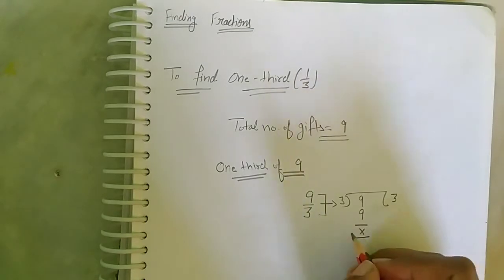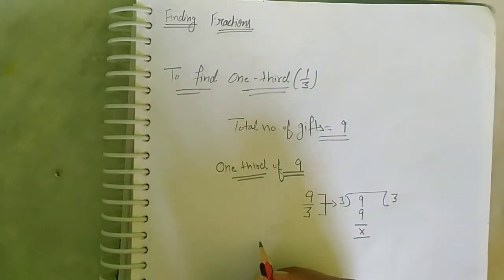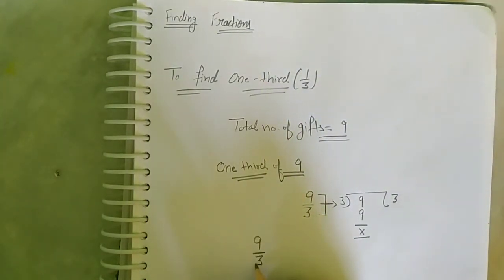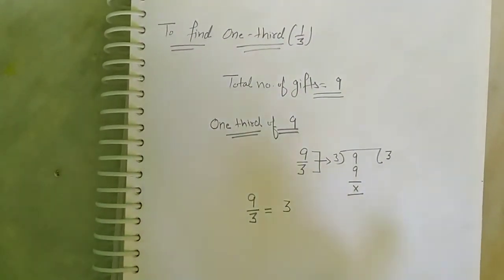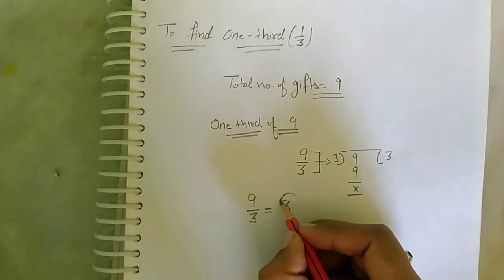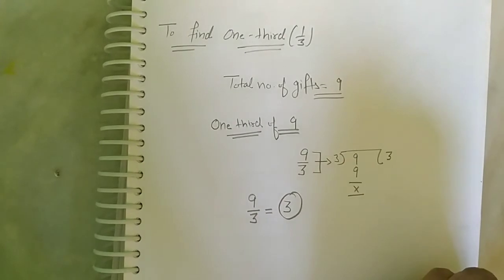So 1/3 of 9 means 9 by 3 equals 3. It means Joseph's family received 3 gifts in all.